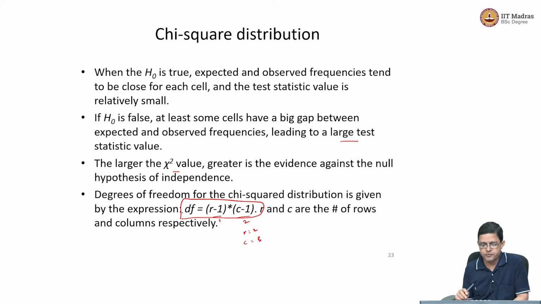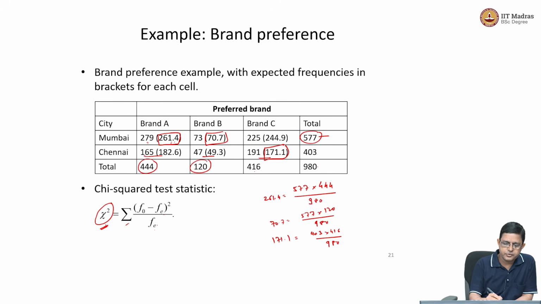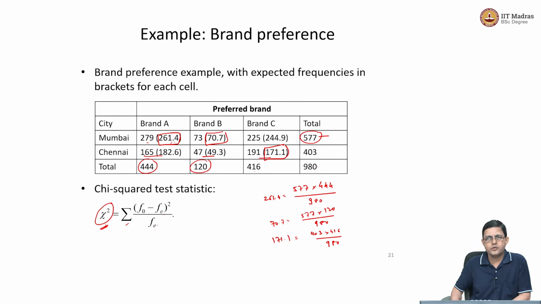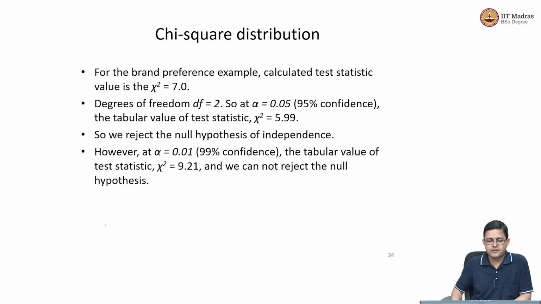There are 2 degrees of freedom for our chi-squared test. We are going to get a chi-squared value from the table, calculate the chi-squared value using this equation, compare the two, and decide whether my chi-squared value is large or not.